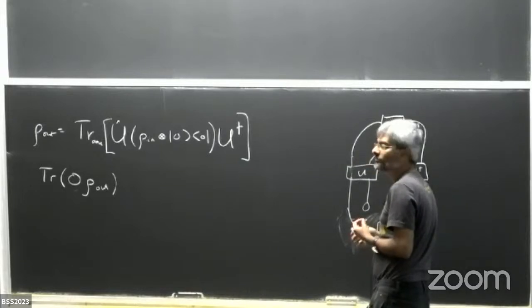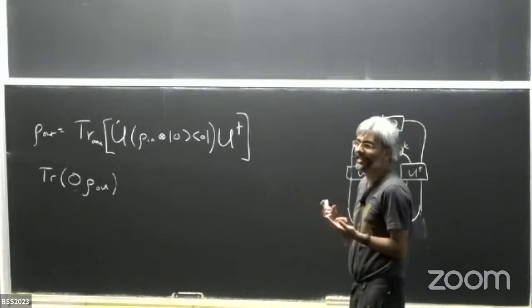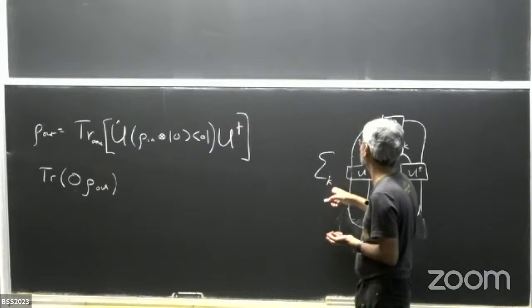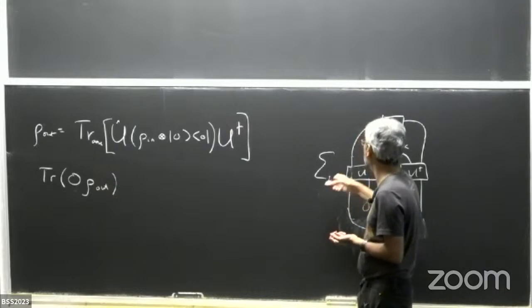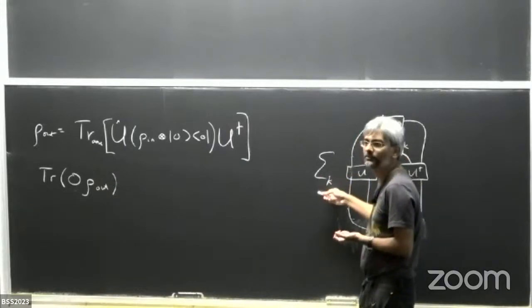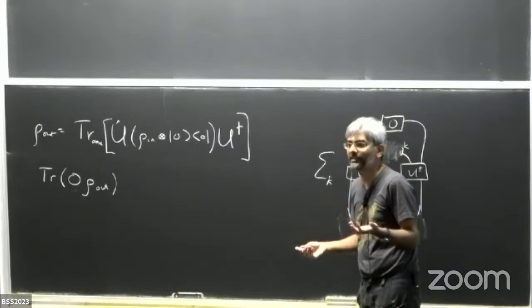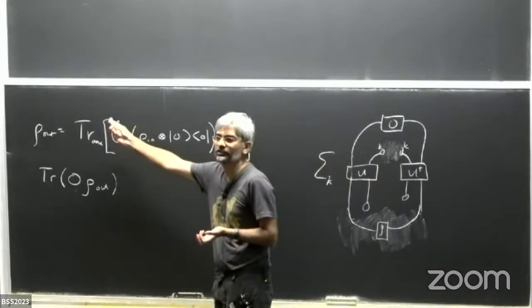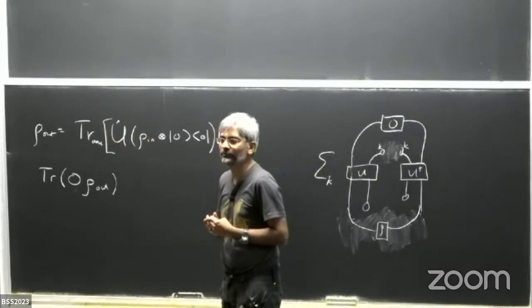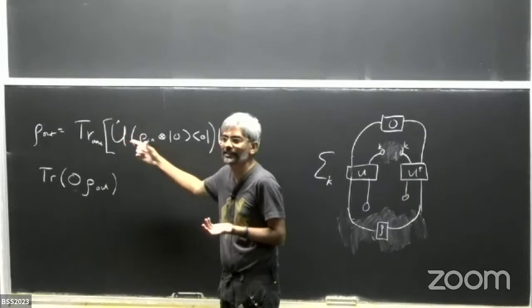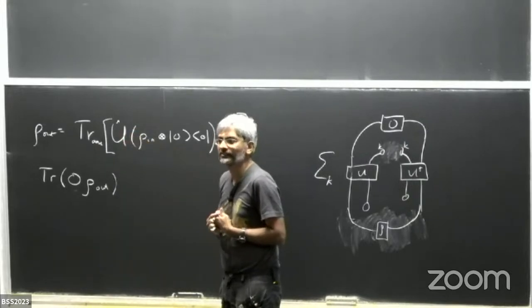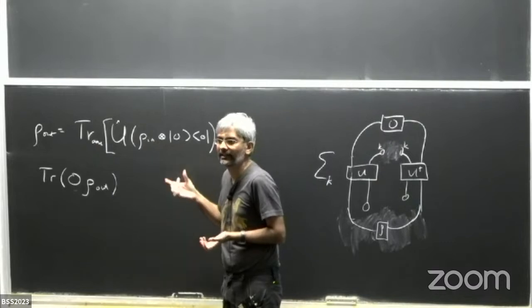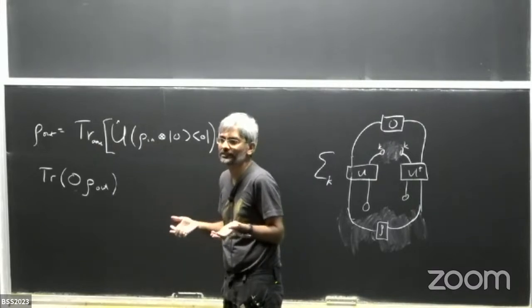That means you've measured it in the basis K. So the diagram I drew would correspond to getting the outcome K. Now I sum over possible outcomes, which is like taking a measurement and throwing out the measurement outcome. Instead of writing this trace, you apply specific bras and sum over those bras. It's just a way of writing out the trace in some basis, which you can always do.